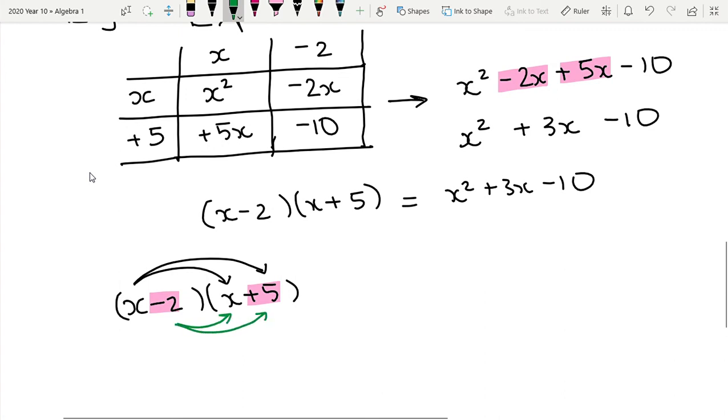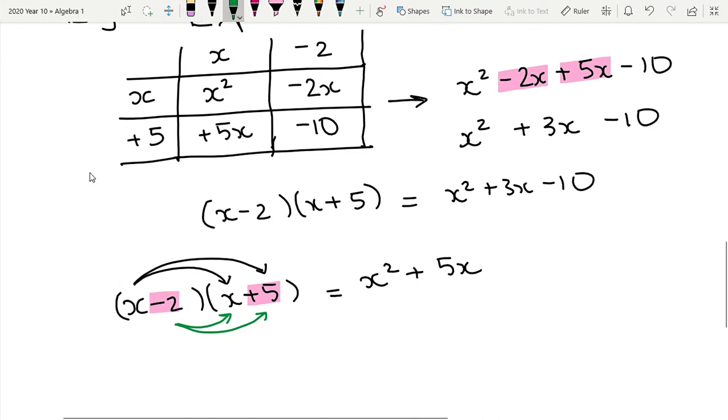There you go. Let's do the top rainbow first. It's going to be x times x, because the arrows mean times, just like when you do it with single brackets. So x times x gives me x squared, and x times plus 5 is plus 5x. Now I do the bottom rainbow.